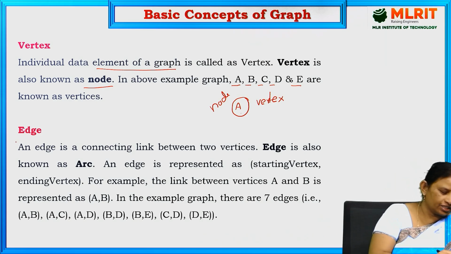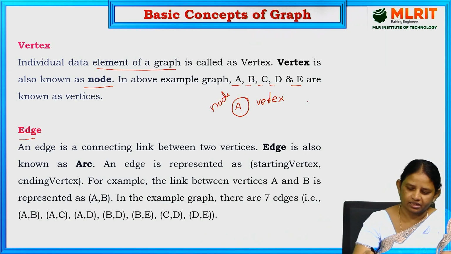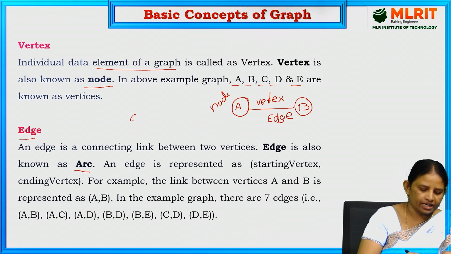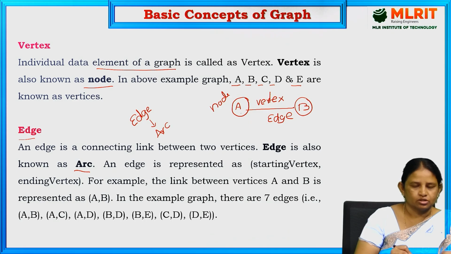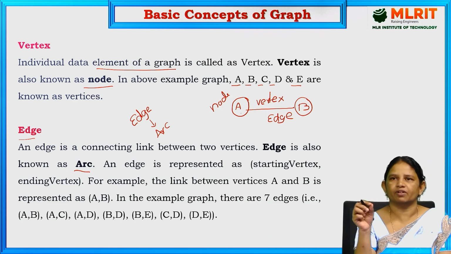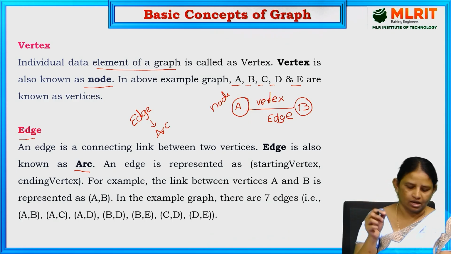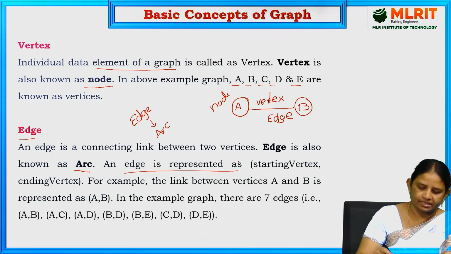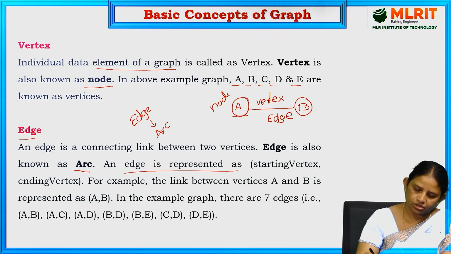Next, edge. Edge is nothing but a line between two vertices. Edge is also called an arc. This is the communication line between the vertices. An edge is also represented by a starting vertex and an ending vertex.